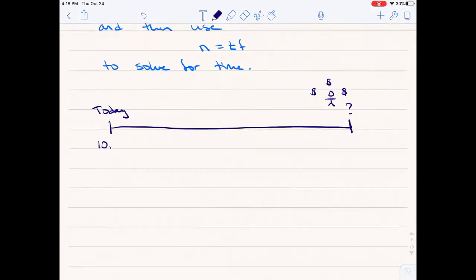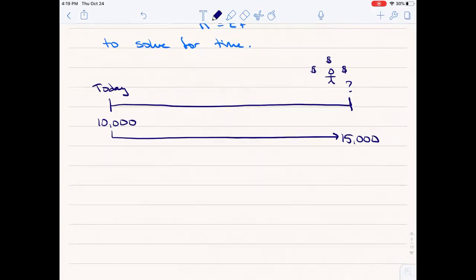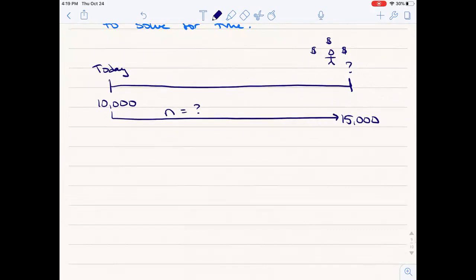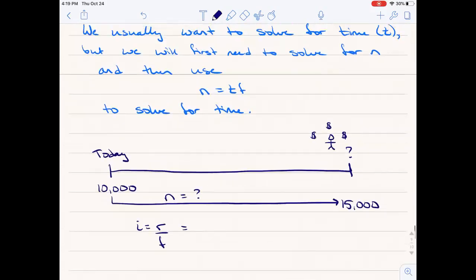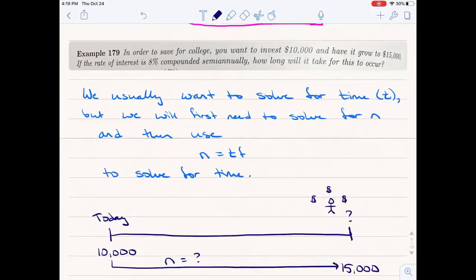So we had $10,000 to begin with, and like the question says, it grew to $15,000. And we don't know what n is, so I'll just do n equals question mark. And then I've got i is r over f. r was 8% compounded semi-annually.